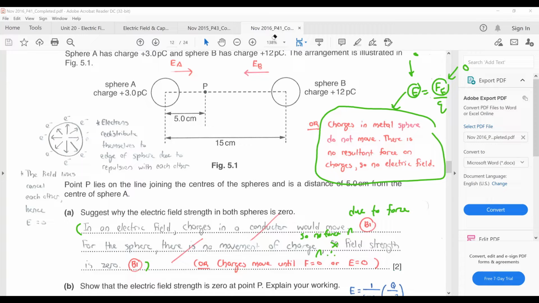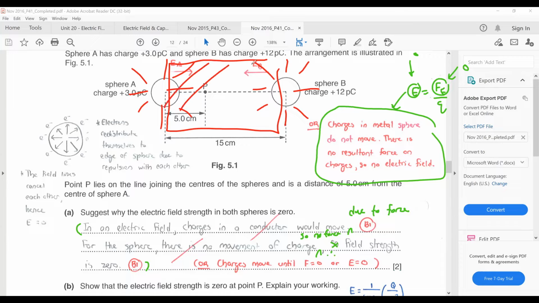So usually when I talk to you about the case for between two point charges, I mentioned to you sphere A would have its own electric field, sphere B would also have its own electric field, but the moment you place them close to each other, their field strengths would overlap and give you another new resultant electric field.